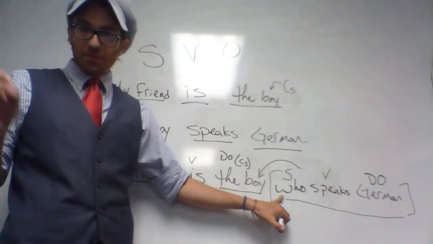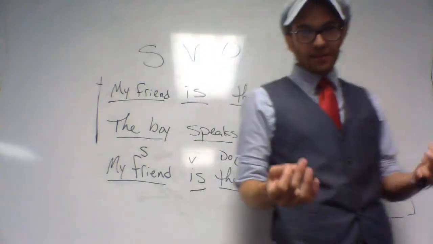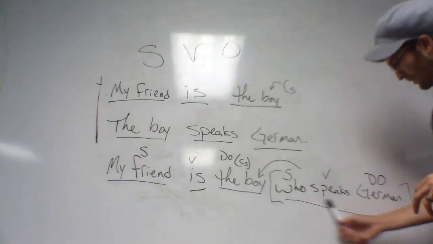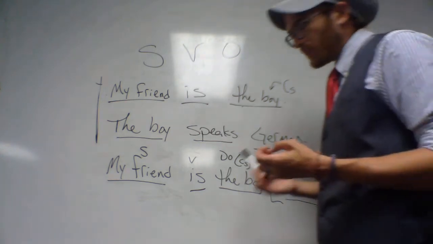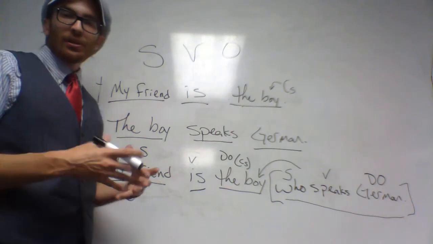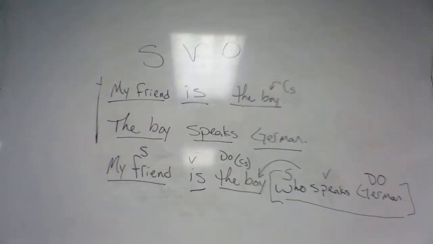Sometimes your relative pronoun is the direct object. And this is where most people run into trouble. I usually do not find individuals having trouble with the relative pronoun in the subject position. It usually gets a little bit tricky when we're looking at a relative pronoun that's actually a direct object. So this is what I want to talk about next.